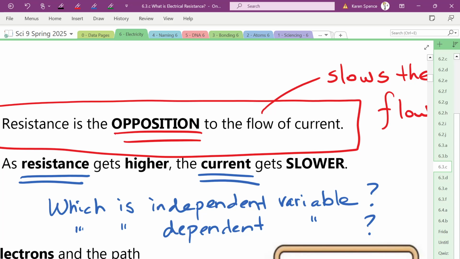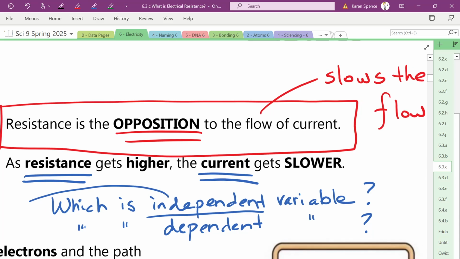Do you guys remember what an independent variable is? Which of those two is the one that you change? We change the resistance. Is the one we change the independent variable or the dependent variable? The one we change is the independent. Okay? Independent is the one we change.